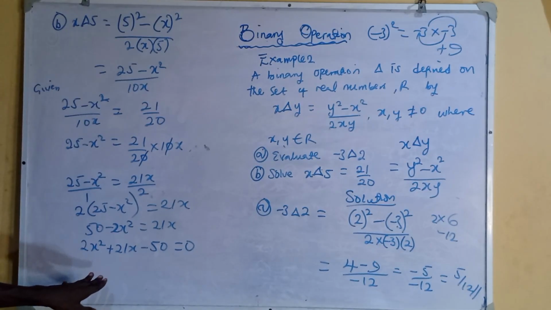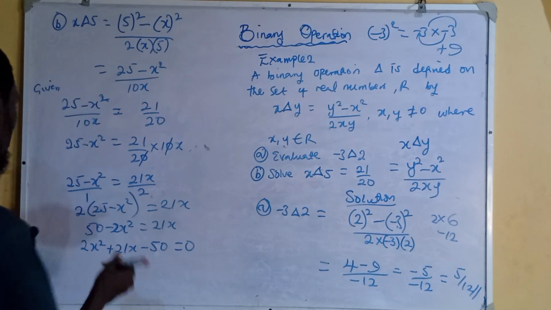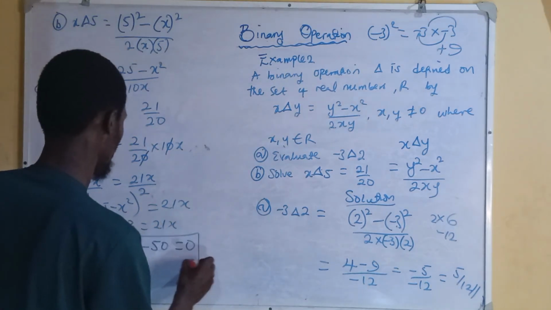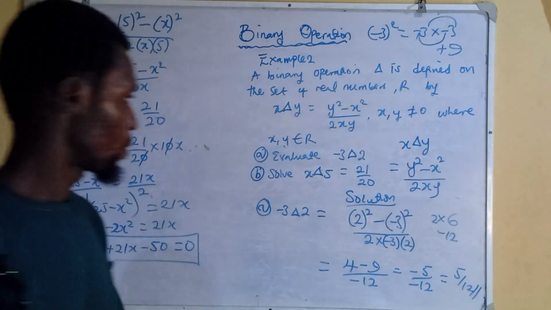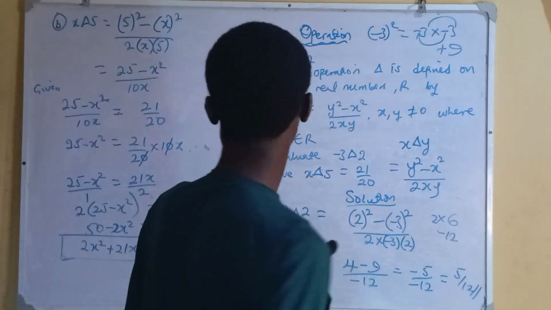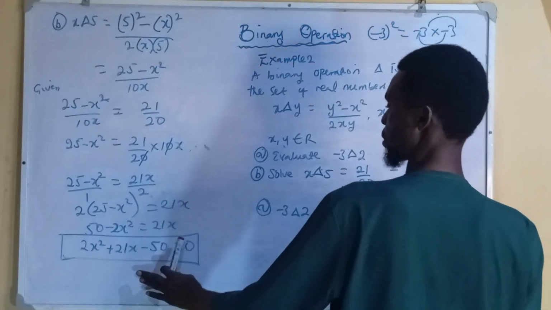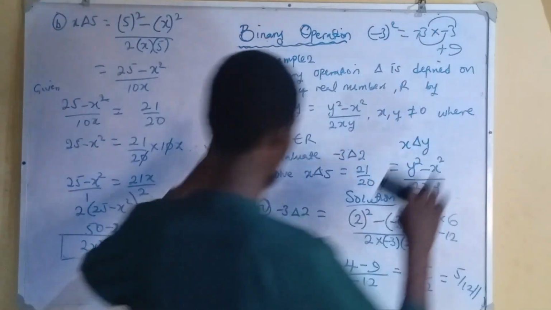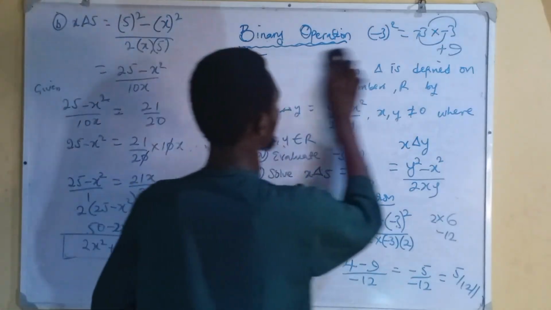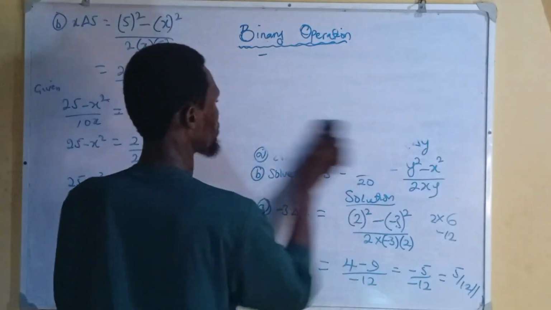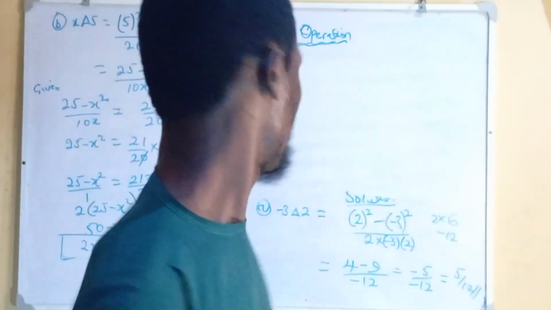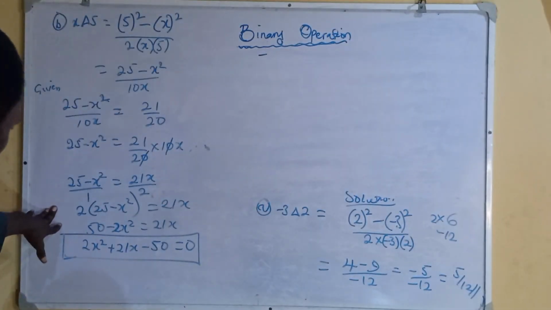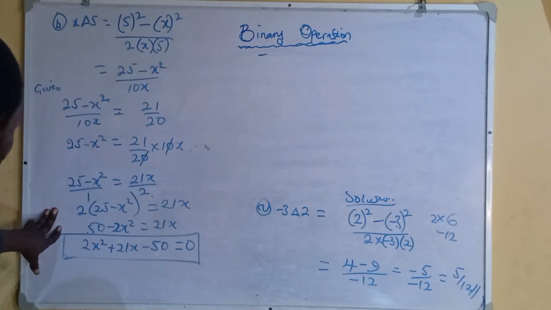Since it has yielded a quadratic equation, we can solve it using any method of solving quadratic equations. I would love us to use the factorization method. You can also use the quadratic formula to handle it from there.